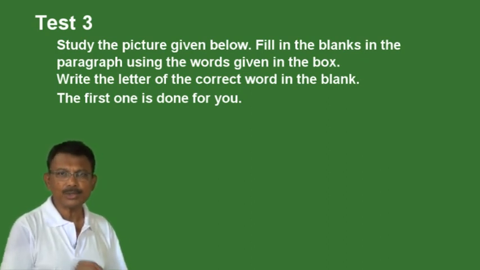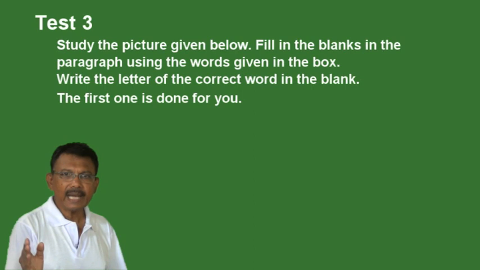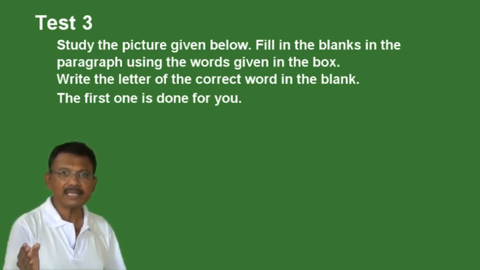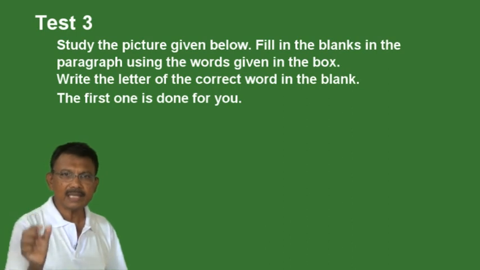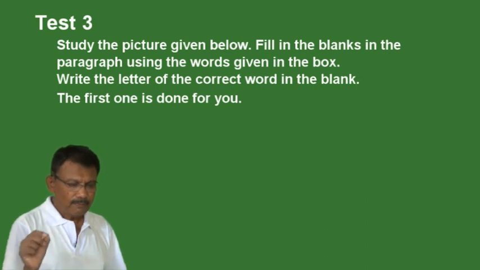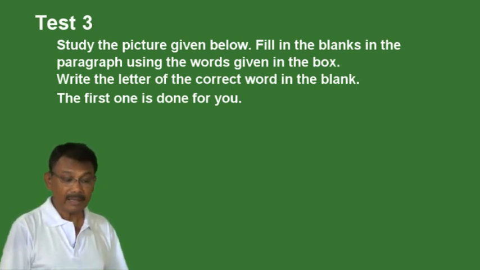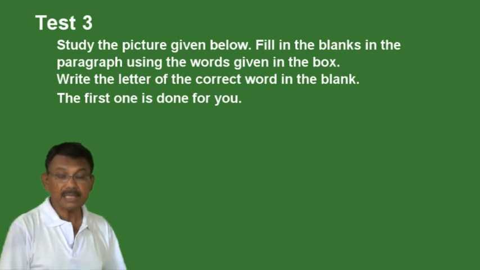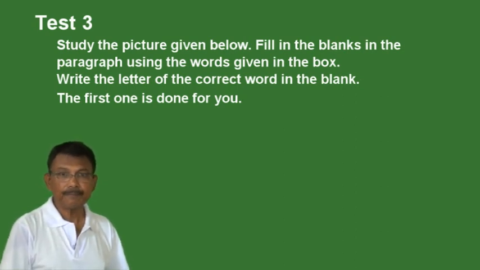There is a box by the side of the picture. On the right hand side of the picture there is a box, and there are some words given there. So fill in the blanks in the paragraph using the words given in the box.